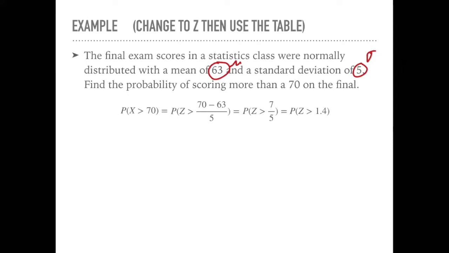Now, in order to use our table, we're going to have to use our complement rule because we need a less than symbol, not a greater than symbol. So the probability z is greater than 1.4 is equal to 1 minus the probability that z is less than 1.4. So we're going to find this using a distribution table on the next slide.